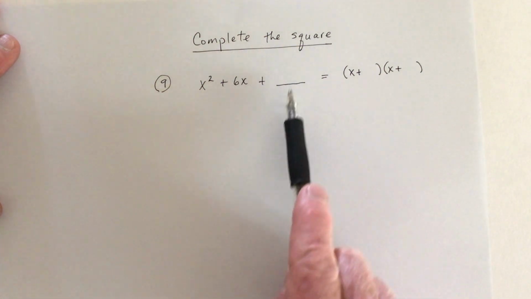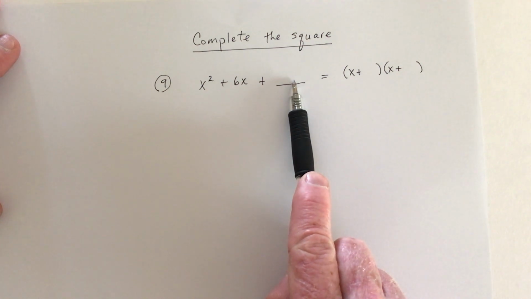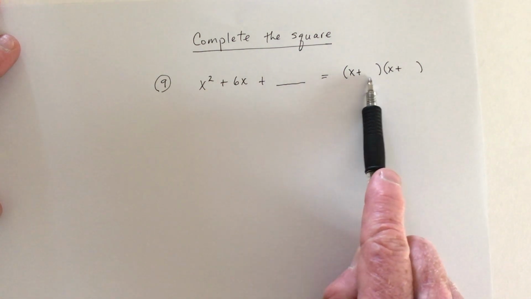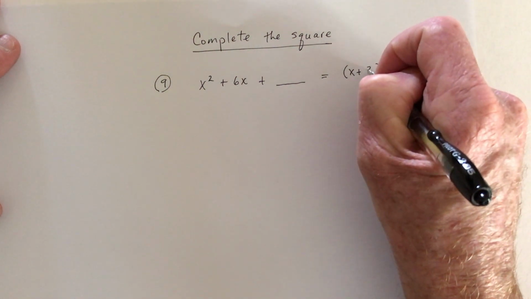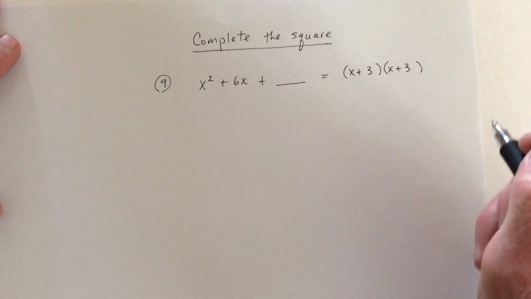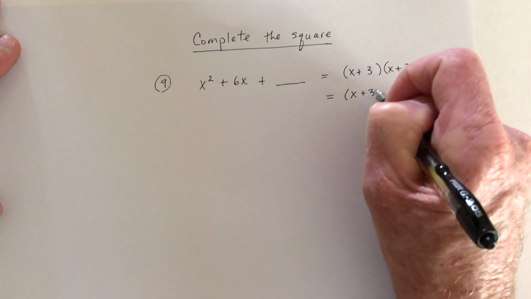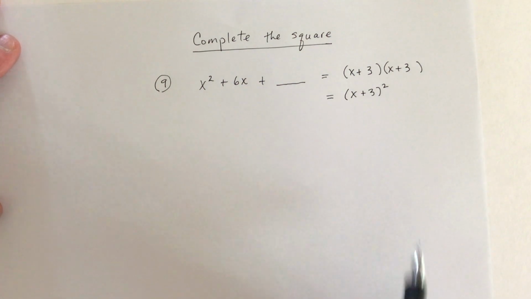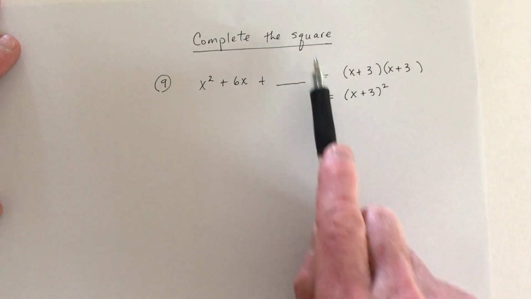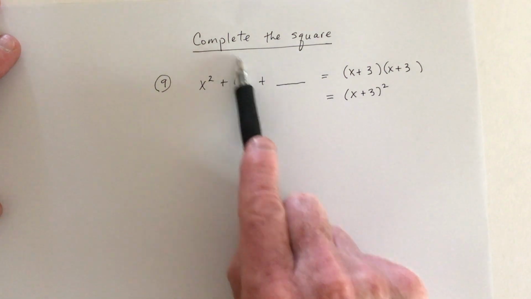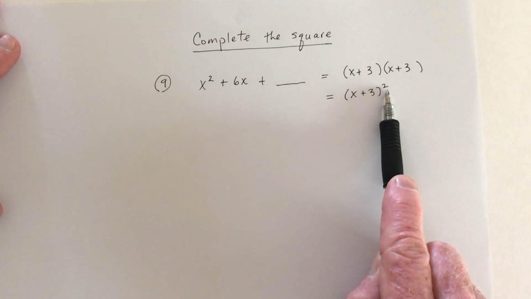Complete the square means this problem is incomplete because this number's missing. And when you factor it, this should actually be the same number each time. And with this one, there's even a hint. What if it's supposed to be a 3? In other words, x plus 3 times x plus 3 is the same thing as x plus 3 squared. So that's why it's called complete the square. Complete is saying what goes here, so that when you factor it, it's a square.